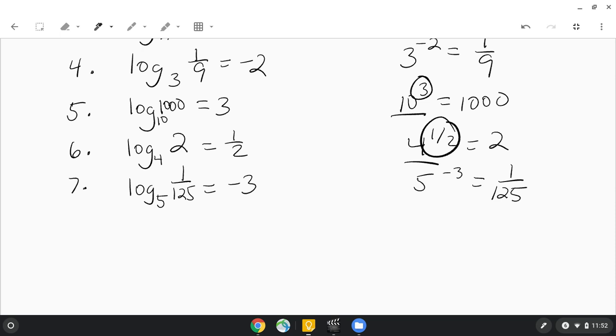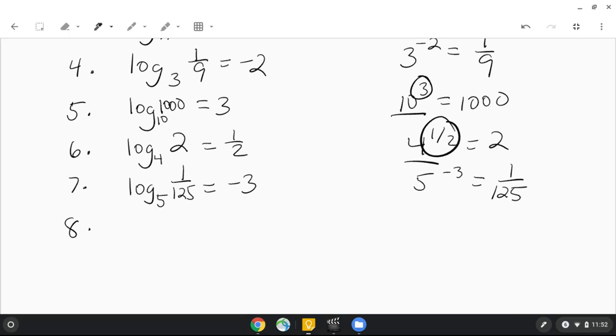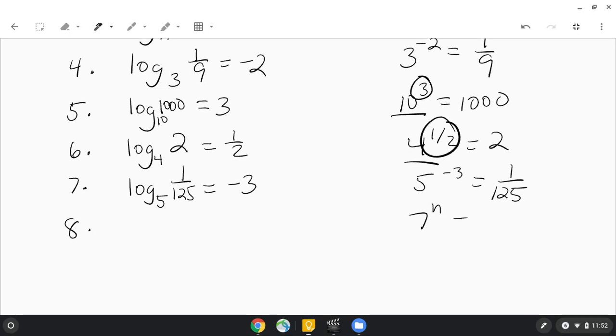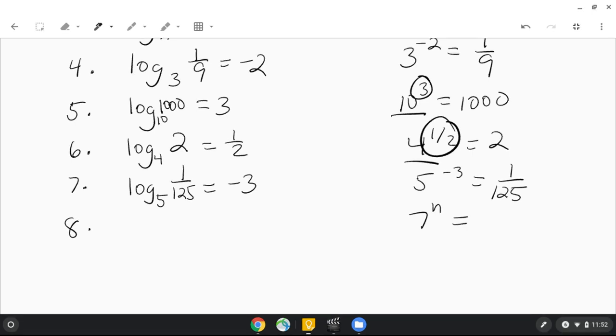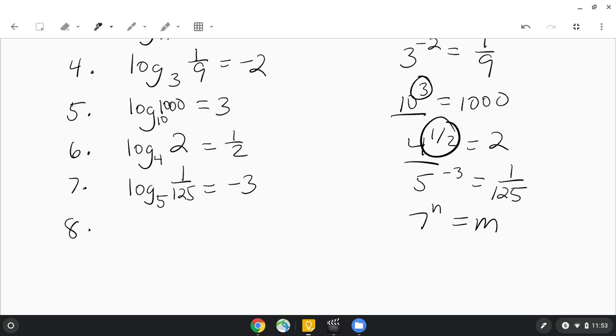Okay, and go ahead and try this one. Number 8, if you have 7 to the nth power equals m, go ahead and hit the pause button, write down your answer, and then come back.